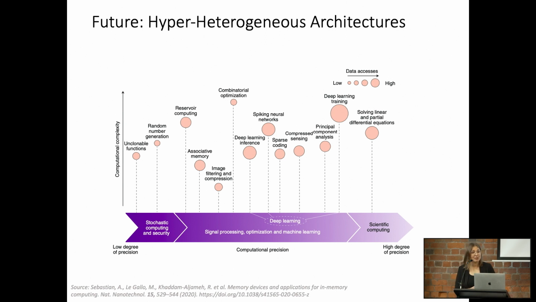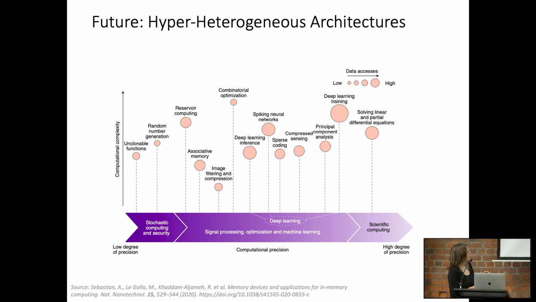So our assumption is, in the last 50 years, we were working towards generalized architecture. So we basically had one architecture that everyone was using, right? But if you look at the demand of computation, it's highly diverse, right? We have solving linear and partial differential equations that require a high degree of precision and also, I would say, high computational complexity.